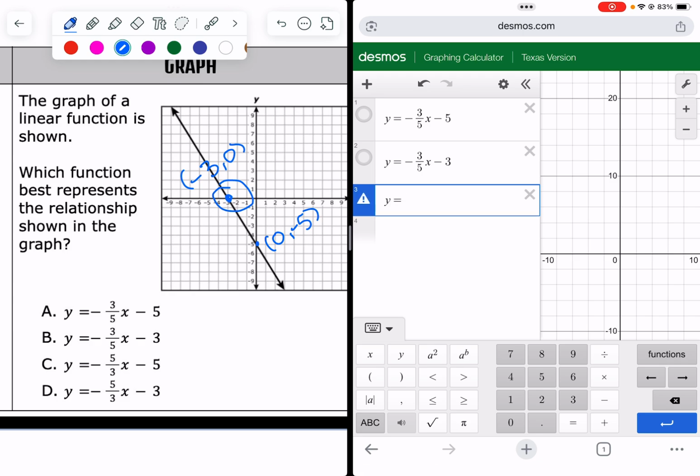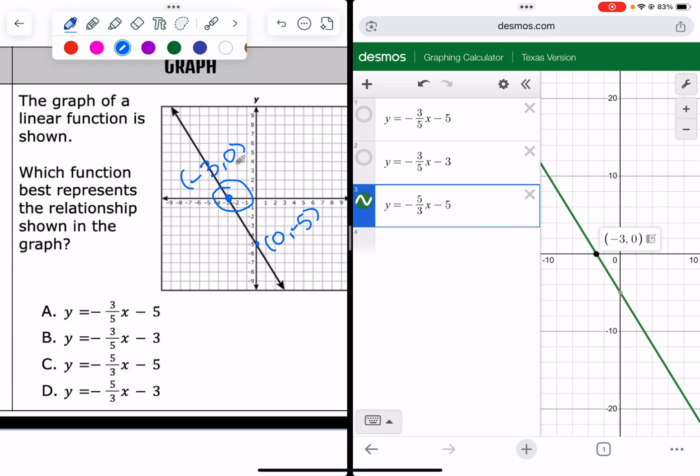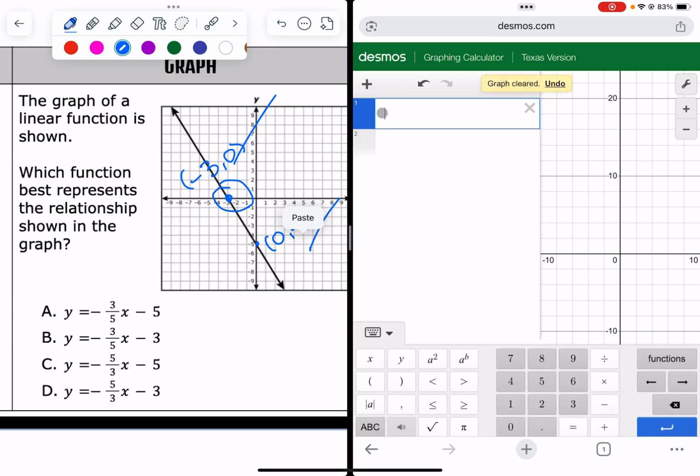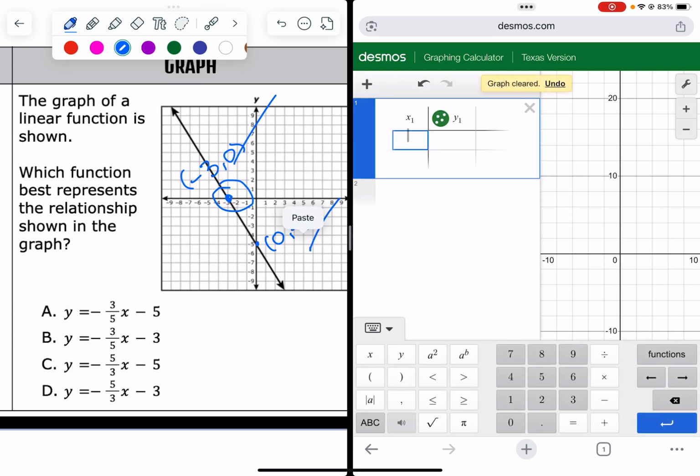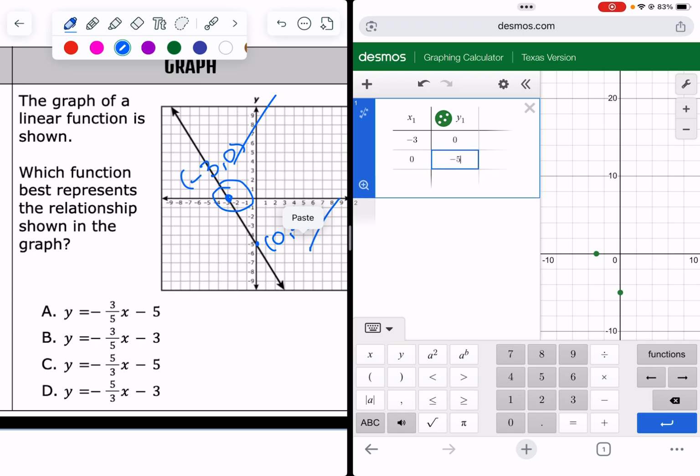So that can't be my answer either. Y equals -5/3 x minus 5. Now this says -3 for my x, so that's good. Now for my y, 0, -5, that's good. So either way you do this, because we usually put this in Desmos, this is what we usually do. -3, 0. 0, -5.